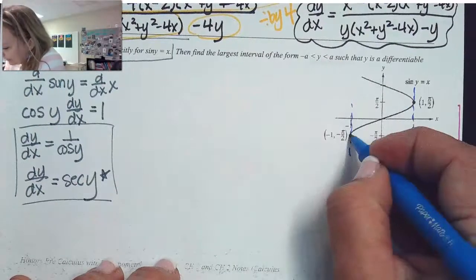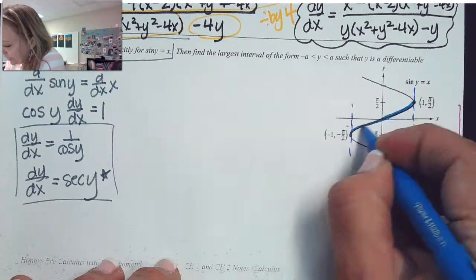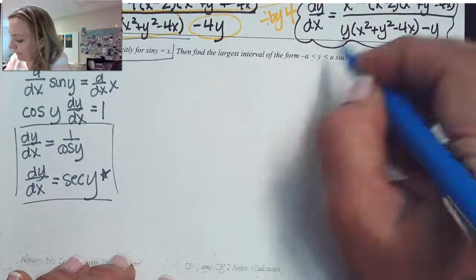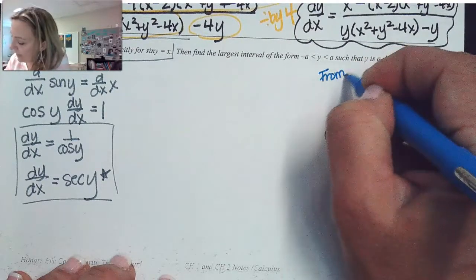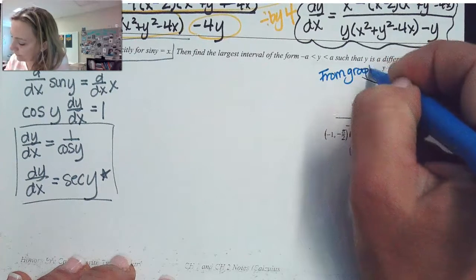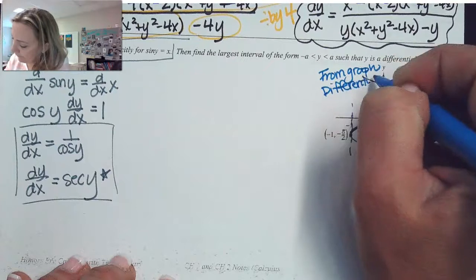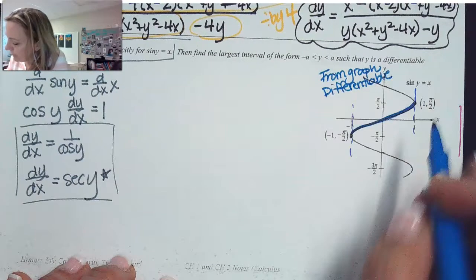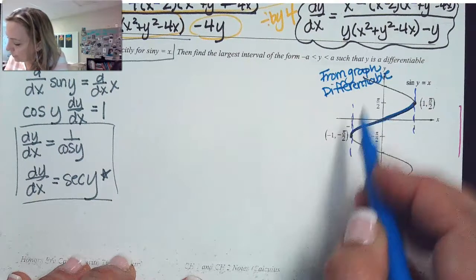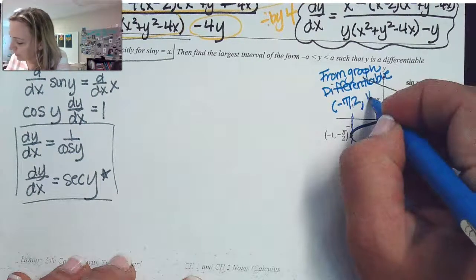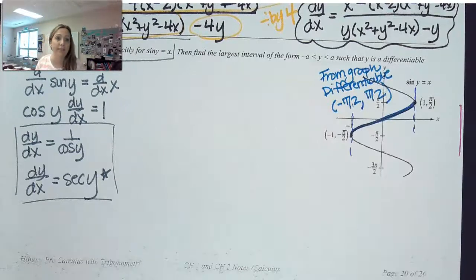This looks really nice, doesn't it? From here to here. We can see from the graph that it's differentiable from negative pi over 2, because remember we're going from the y's, to pi over 2. Notice I did not include them because it's not differentiable at those points.